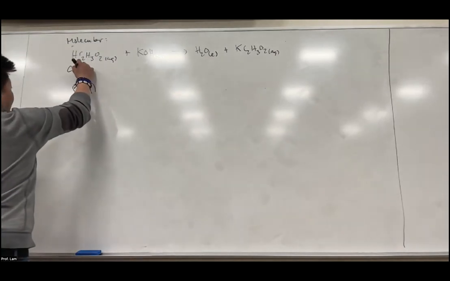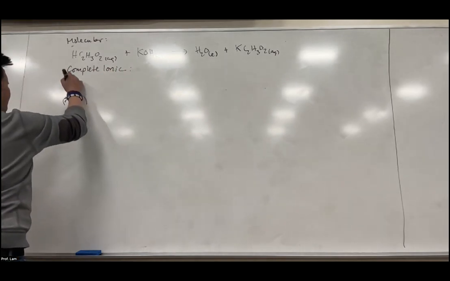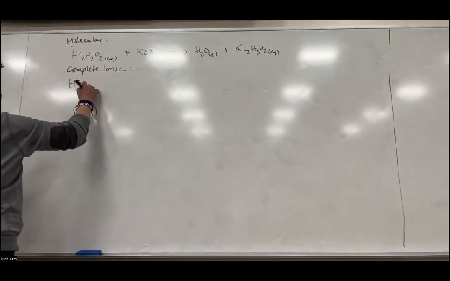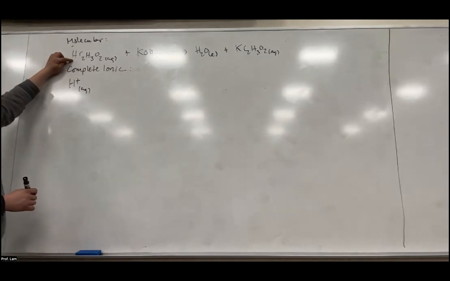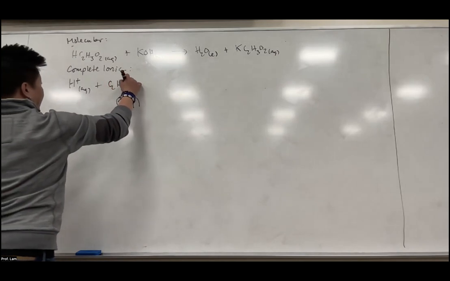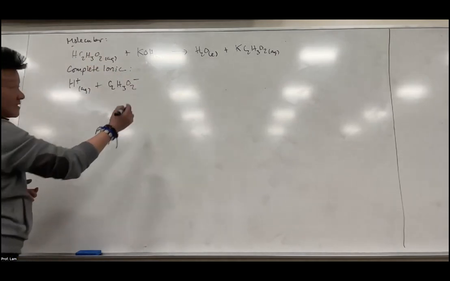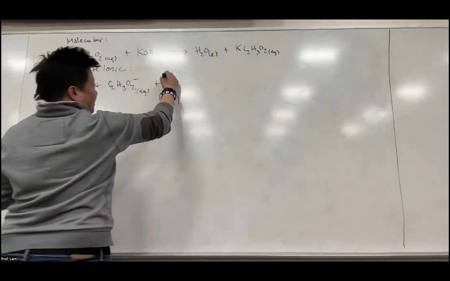So when we write the complete ionic equation, it'll look like H plus, right? It's the acid. So remember, it leads with H, right? But that's the proton. So H plus, the C2H3O2 negative, right? The acetate ion's negative, aqueous, plus the KOH is aqueous, split it up.